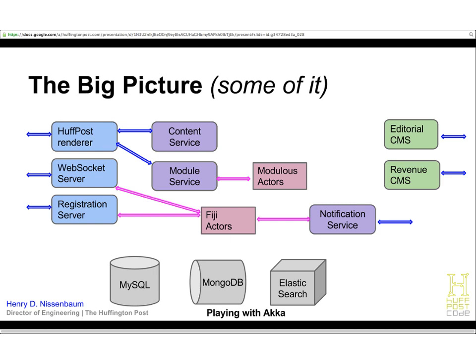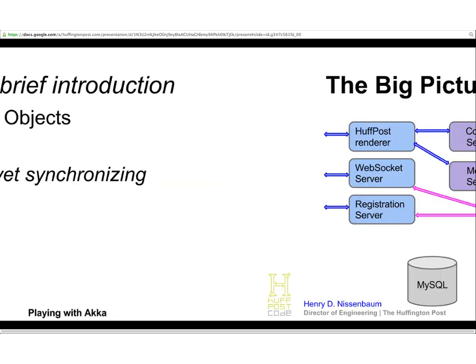We use Mongo, and we use Elasticsearch as well for finding things that we need that's stored in some of those data stores or for some other purposes as well. What's not shown in this picture are other web services that we rely on, either other AOL services or other third-party services, although we'll be talking about one of them when we get a little further on and we talk about the Fiji notification service. We'll come back to this at the end just to sum up.